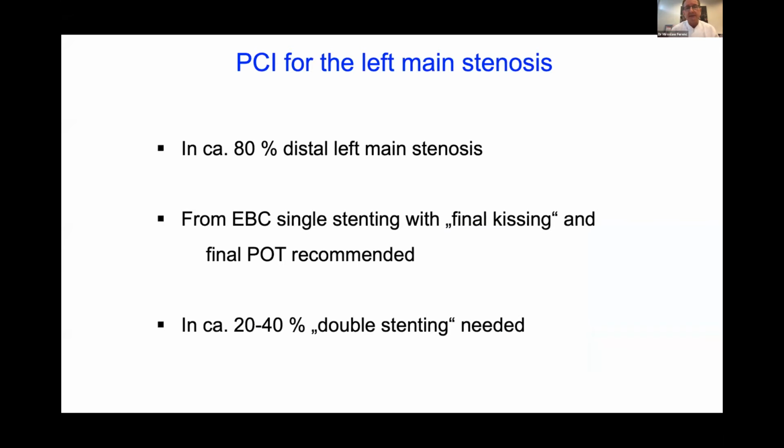Until now, this is the statement from the European Bifurcation Club: try to go simple to the distal left main bifurcation, use one stent, and final kissing and final POT are practically obligatory. According to this approach, registries and studies show you need double stenting in only 20 to 40%. In our center, which is a high-volume center with more than 3,000 PCIs a year, we have 36% double stenting.